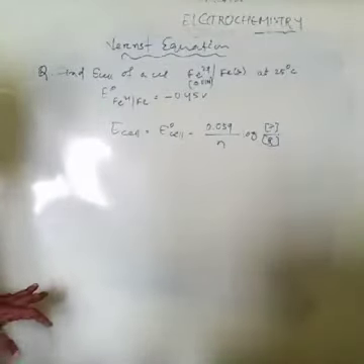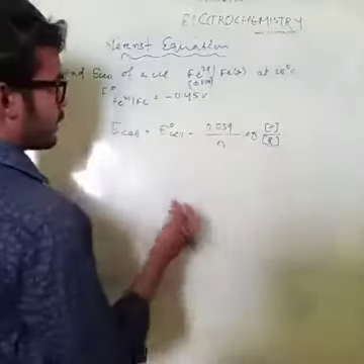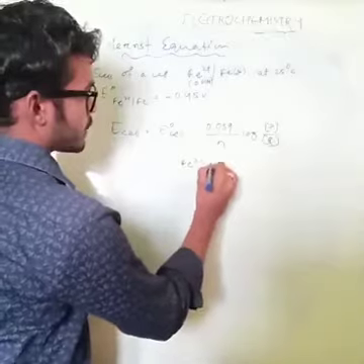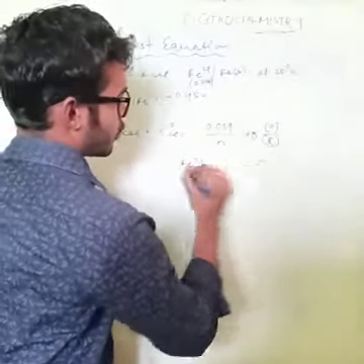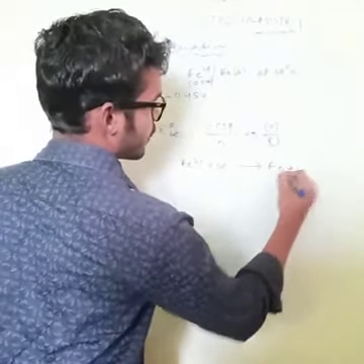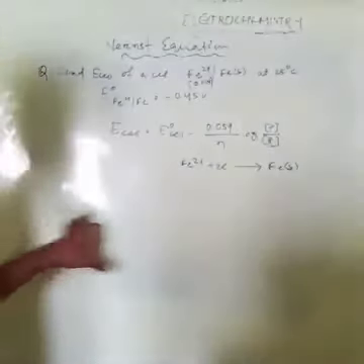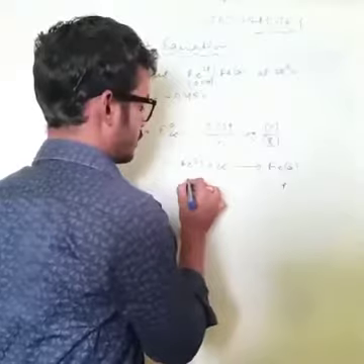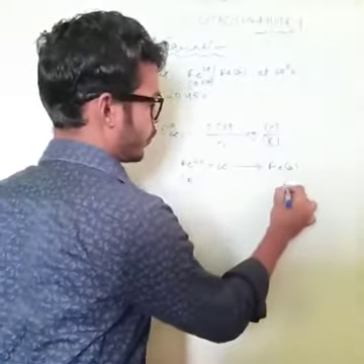The reaction is Fe2 plus plus 2 electrons gives Fe.